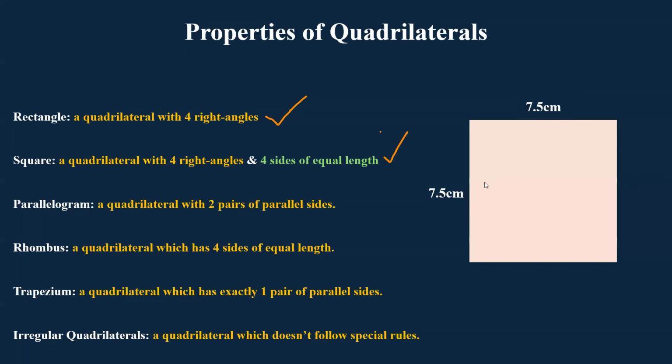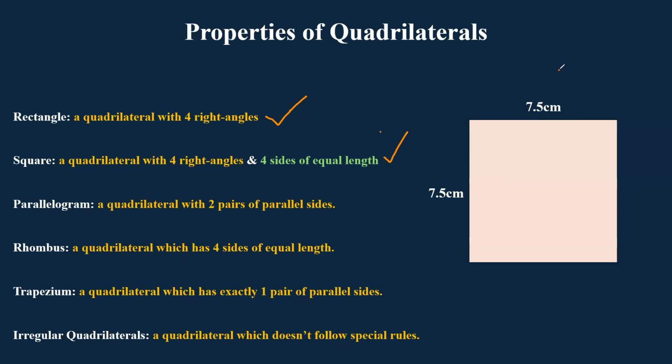Jacob, is this shape a parallelogram? So the parallelogram is a quadrilateral with 2 pairs of parallel sides. So let's look at the square.